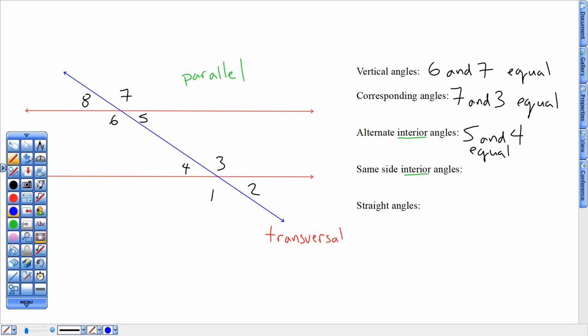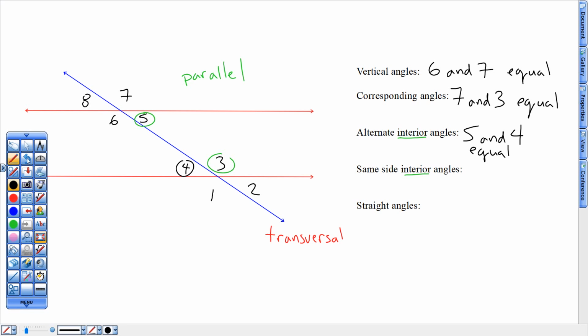All right, the other one is what we call same side interior, same side of that transversal line inside the parallel lines. And of course, those are not equal, but as you've been practicing, those are supplementary. Those would add together to give you 180, because of course 5 is equal to 4, and angles right next to each other, which we call straight angles, those are always supplementary, equal to 180.